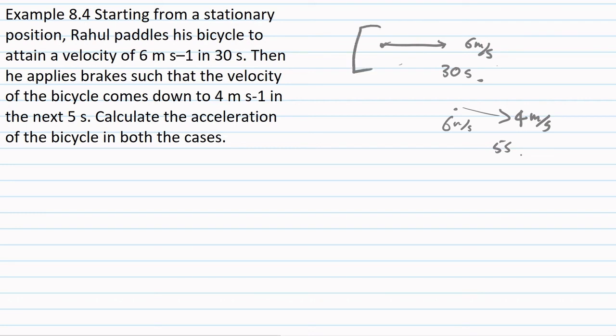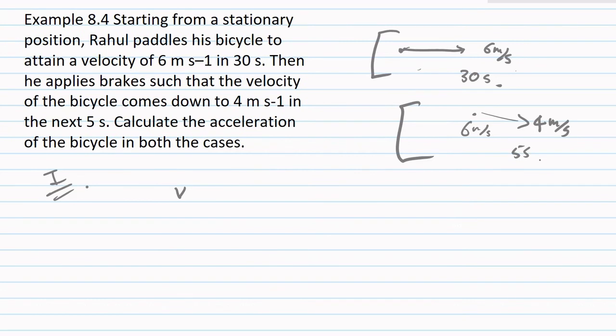So there are two different cases over here. Don't get confused. Just look at them separately and it's very easy. The first case, the initial velocity, normally we denote it as u, is 0 meters per second because it was at rest. Now the final velocity is 6 meters per second and the time taken is 30 seconds.